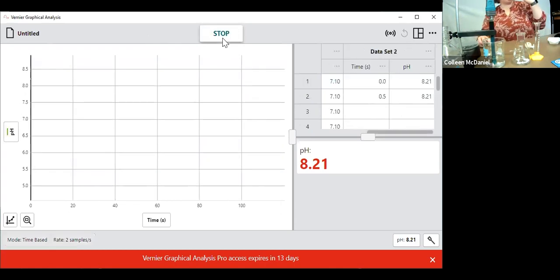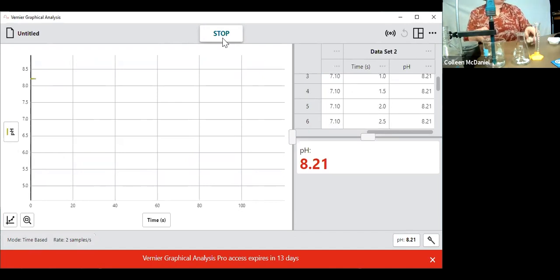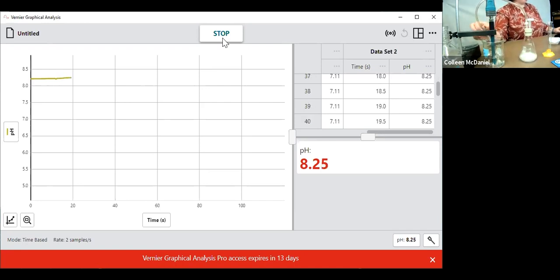Again, I'm going to let it go for a couple seconds. Then once I have it going for a couple seconds, I'm going to add my water, stopper it, and put my tube in my ocean water and let it go. Here we go.